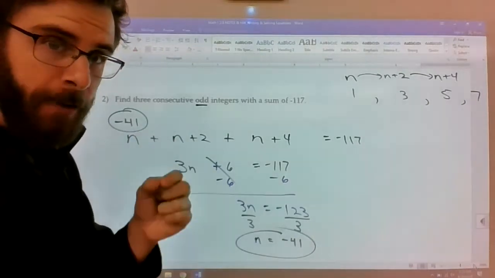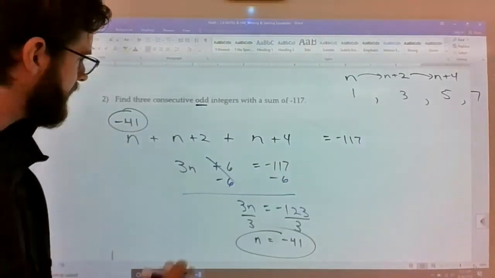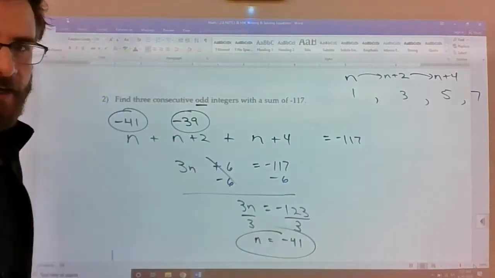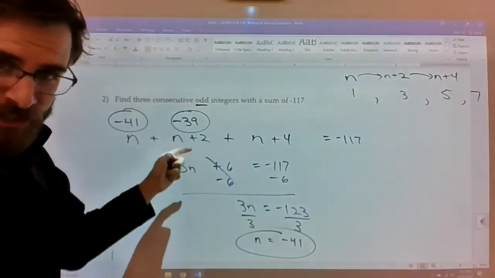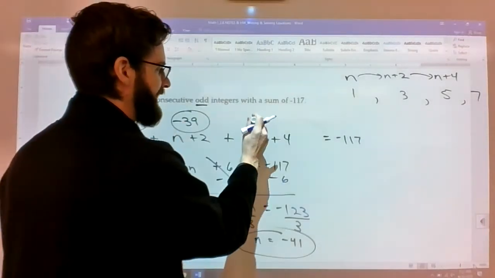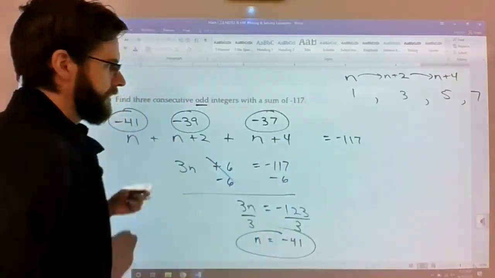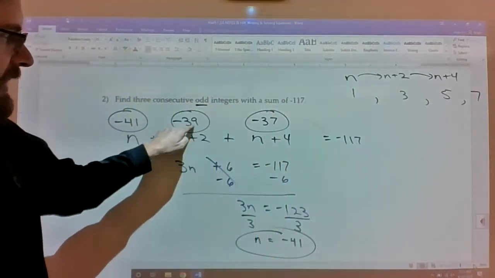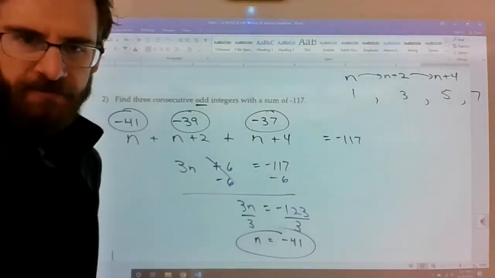But when you add positive 2 to negative 41, it actually becomes negative 39. So the consecutive odd integers are going to be negative 41, negative 39, and negative 37. For this particular problem, your answers are negative 41, negative 39, negative 37.